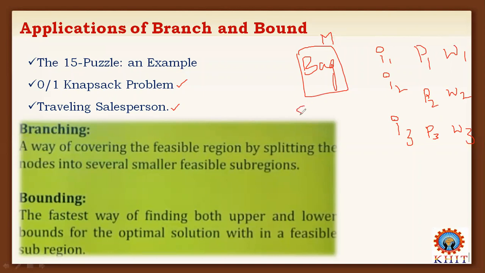The condition is that the sum of wi xi cannot exceed the knapsack capacity. The sum of weights of items filled in the bag cannot exceed the knapsack capacity. And finally you will maximize the profit. In this way you can solve the problem. This problem is called the knapsack problem. The knapsack problem can be solved by using either the greedy method or the dynamic programming method.